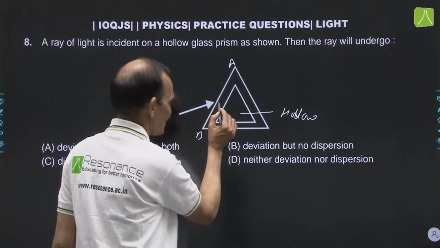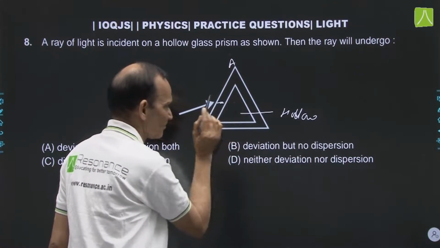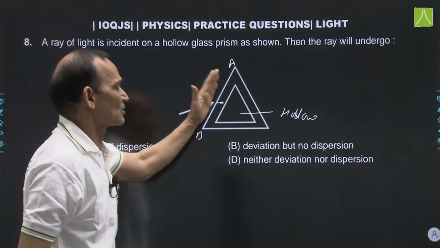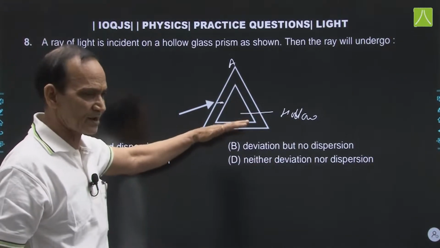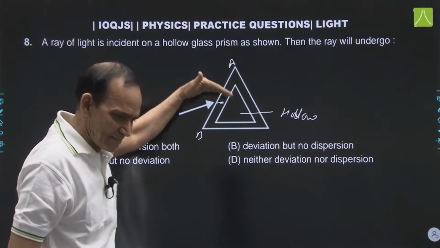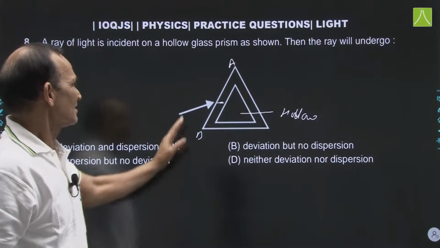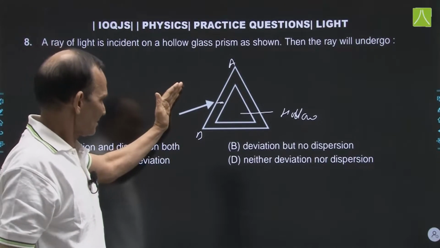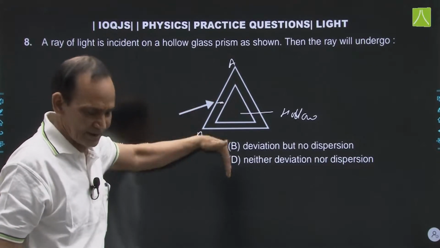Again, when light moves from this portion into the hollow triangle, it is moving from denser to rarer, then it will bend away from the normal. This means it will behave just like a slab. There will be some deviation in the downward direction.